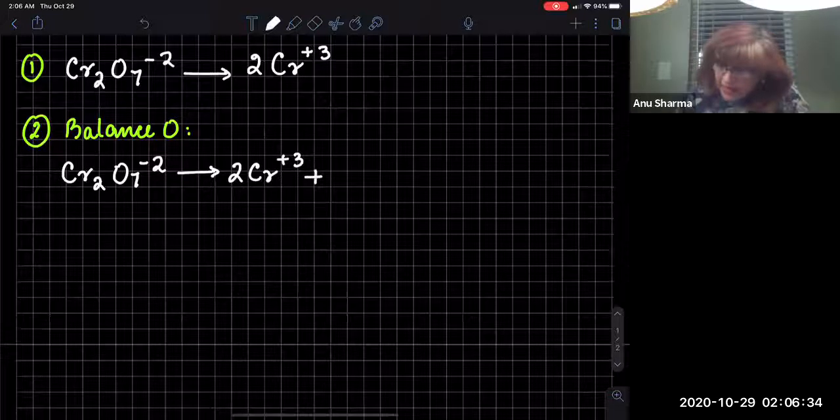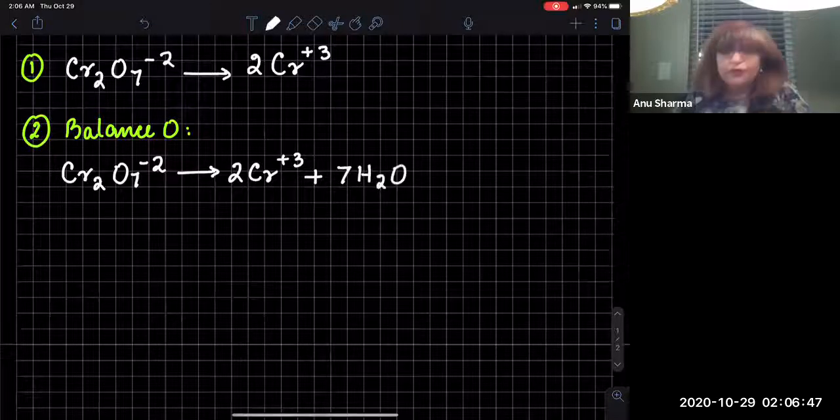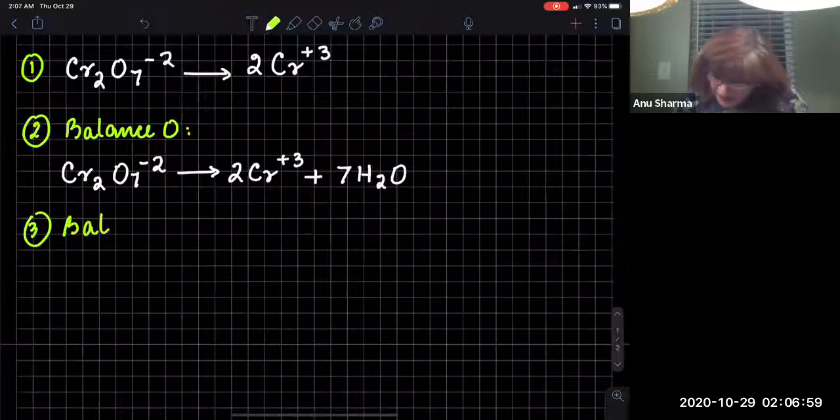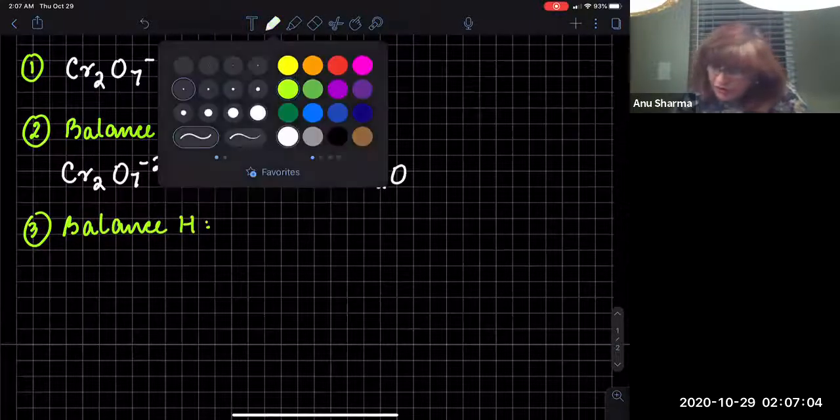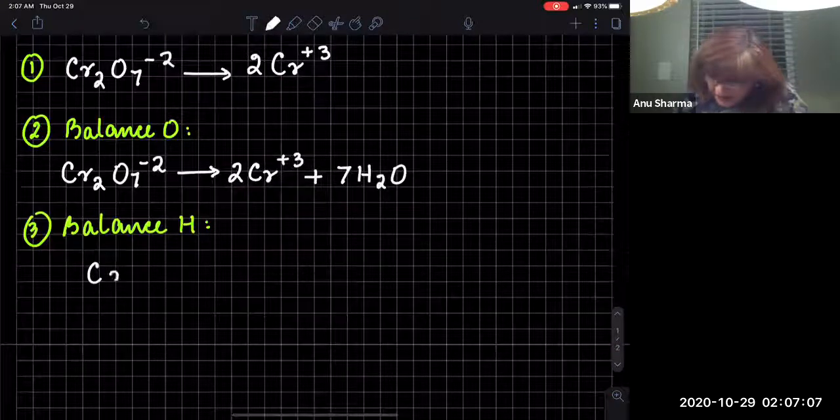And then you are going to add that many oxygens as you see on the left-hand side. So here we will have seven water molecules, because we are not focusing on hydrogen yet. We are focusing on oxygen only. So 7 water molecules bring 7 oxygens. So that balances the oxygens. Now the third step is to balance the hydrogens. And how do you balance the hydrogens? You're going to bring in the hydrogen ions.